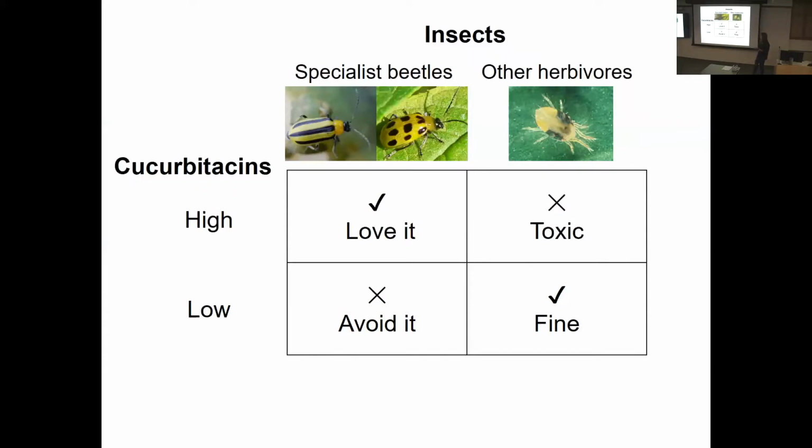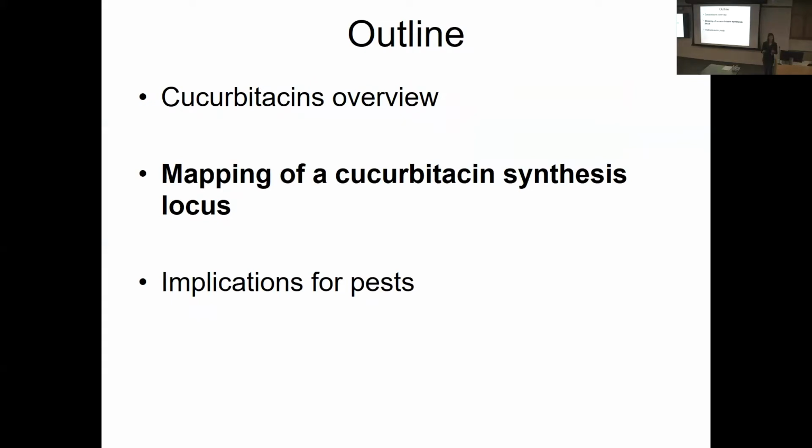Specialist beetles, like the striped cucumber beetle, have co-evolved with cucurbits, and they actually sequester these cucurbitacins for their own defenses. So they love high cucurbitacin plants, whereas they avoid low cucurbitacin plants. On the other hand, other herbivores like spider mites, and us, find high levels toxic but are fine with lower levels. So I'm going to start with talking about our mapping work in Cucurbita pepo.